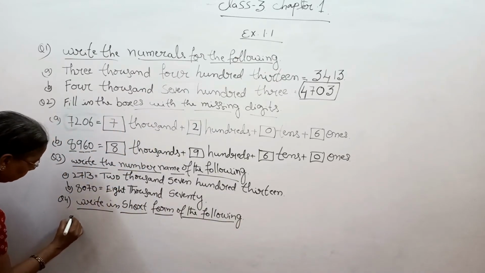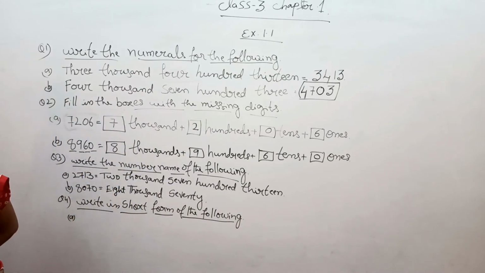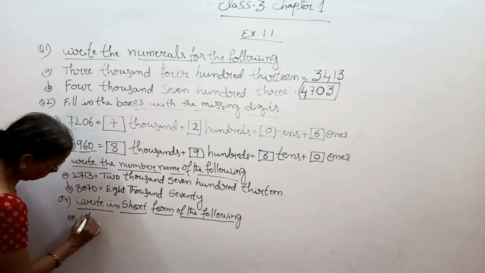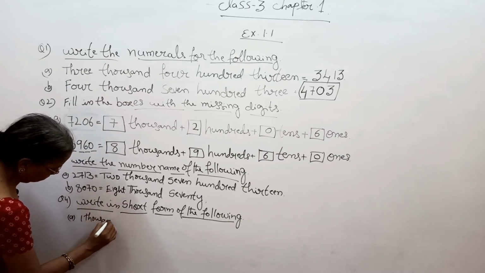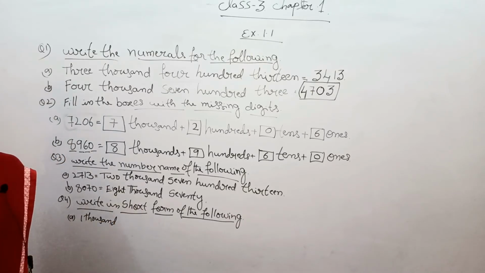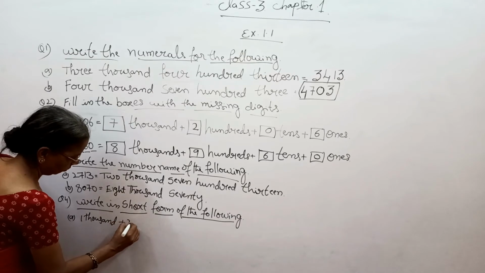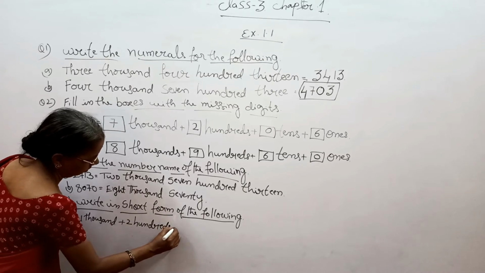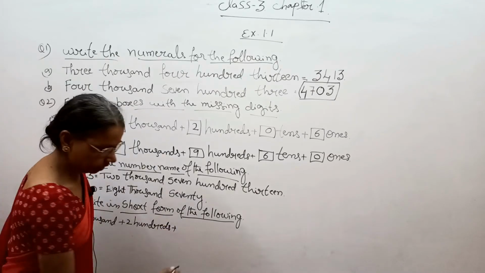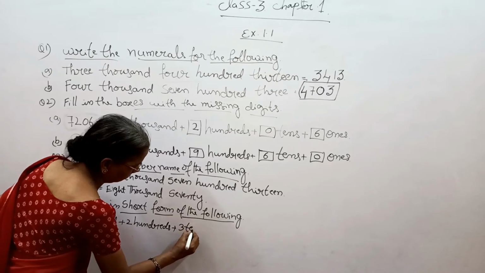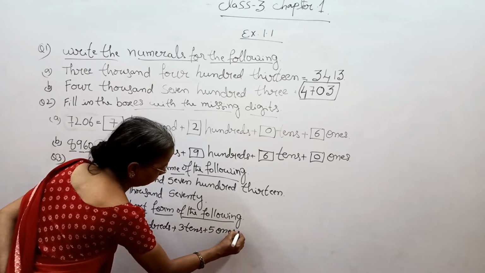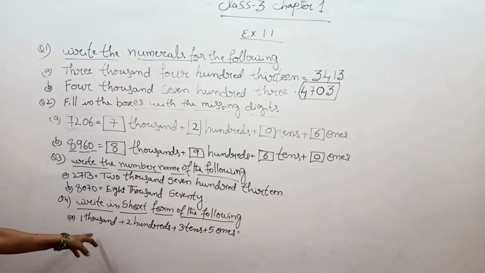First question, 1000 plus 200 plus 3 tens plus 5 ones. It means how we will write in the short form.